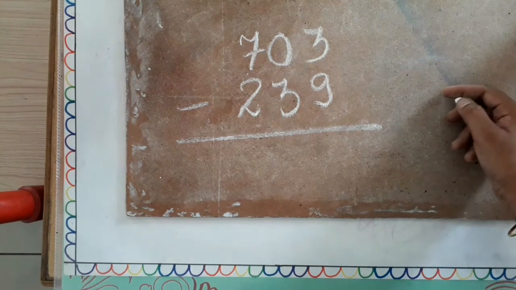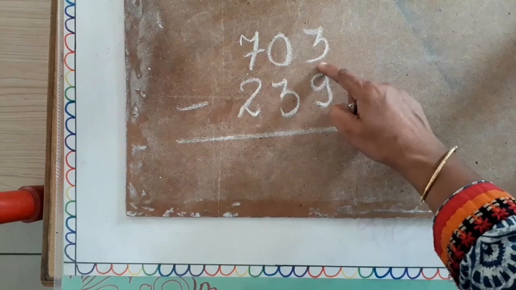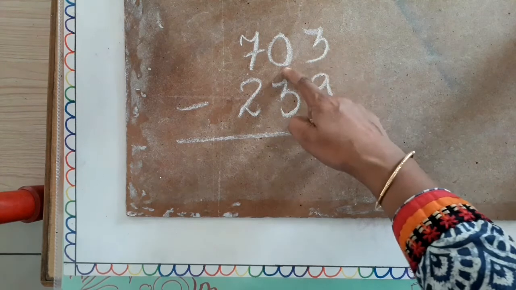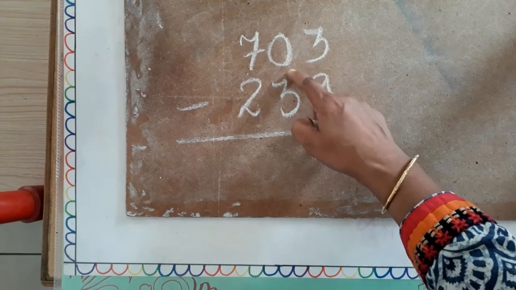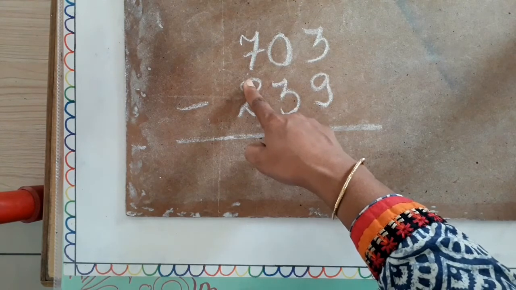Here similarly you will think, this is your person A, B and C. This person will have the loose ones and this one will have the bundles of tens and this person will have the bundles in hundreds.